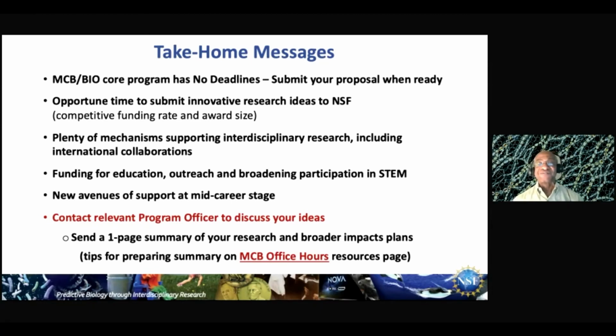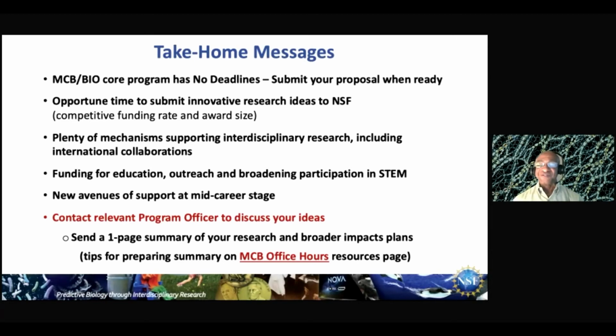So we encourage you to contact a program officer by email in order to discuss your ideas. The most effective way is to send an approximately 1-page summary of your project. And please address both the intellectual merit and the broader impact components in your description.